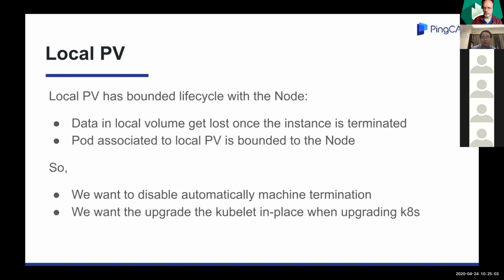However, no free lunch. Local persistent volume also brings lots of problems. The most important problem is that local PV has a life cycle bound to the node, which means data in the local volume gets lost once the instance is terminated. And note that we store all the database data in local volume, so the durability of local volume is of vital importance.